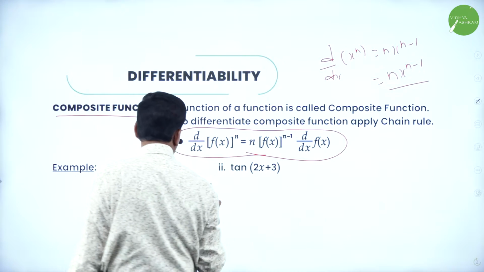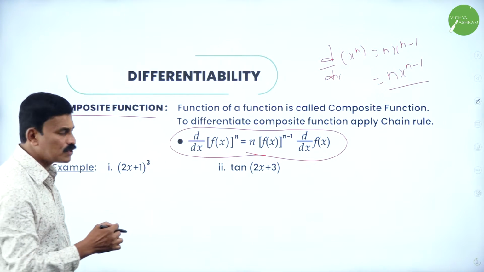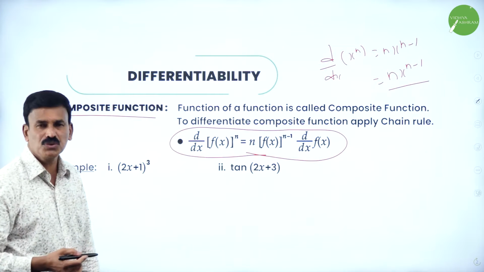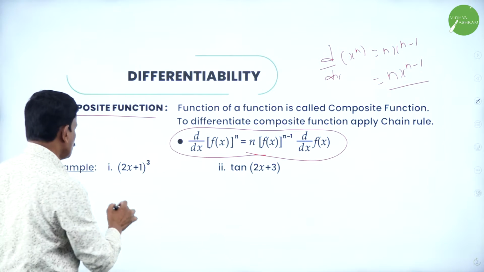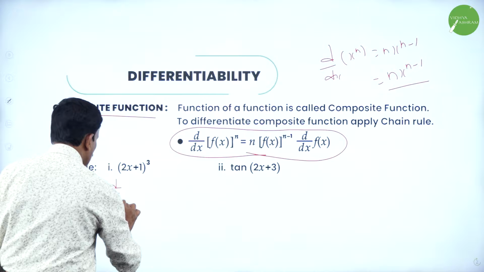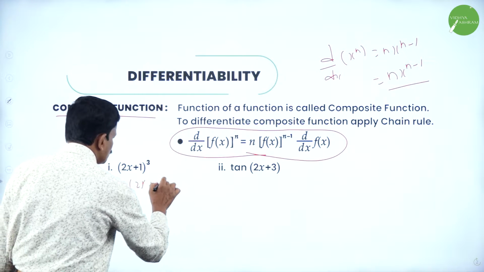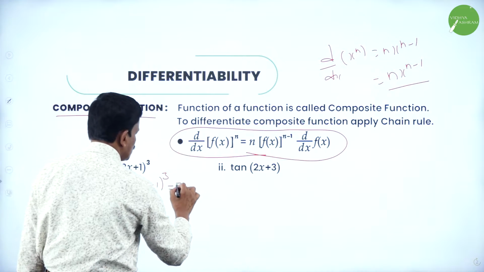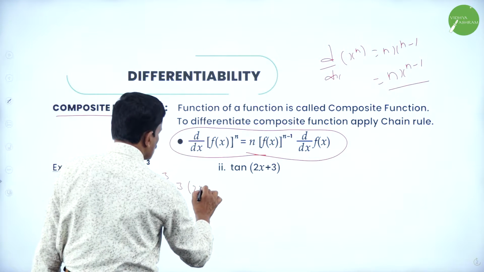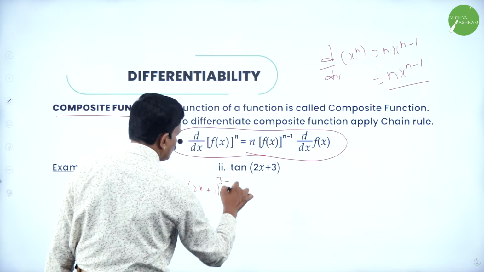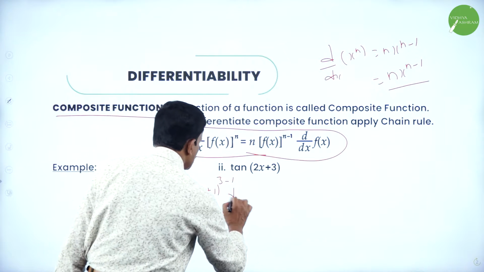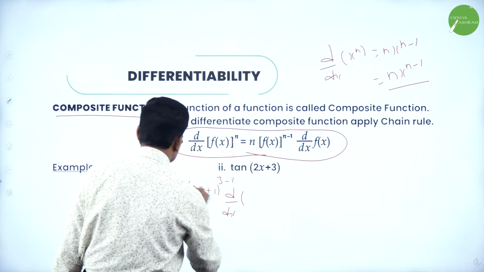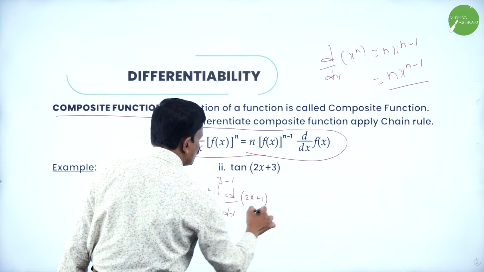Now, let me take a small example. Differentiate 2x plus 1 whole cube. So, here d by dx of 2x plus 1 to the power of 3. What is n? It is 3 into f of x, 2x plus 1, to the power of n minus 1, 3 minus 1, into d by dx of that inside function 2x plus 1.